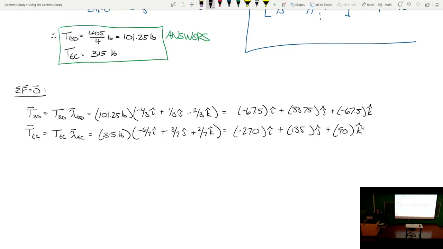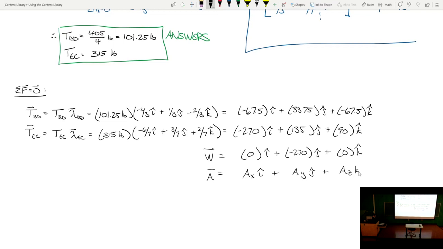But then we have two more vectors. We have W. I'll put that over here because that's already in numerical form. And then we have A. And remember, A is that.